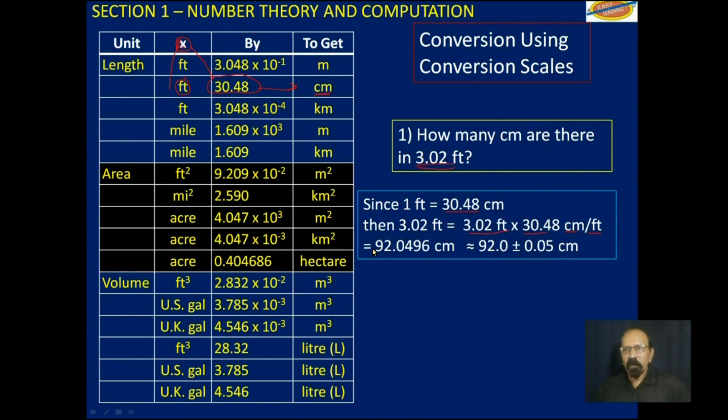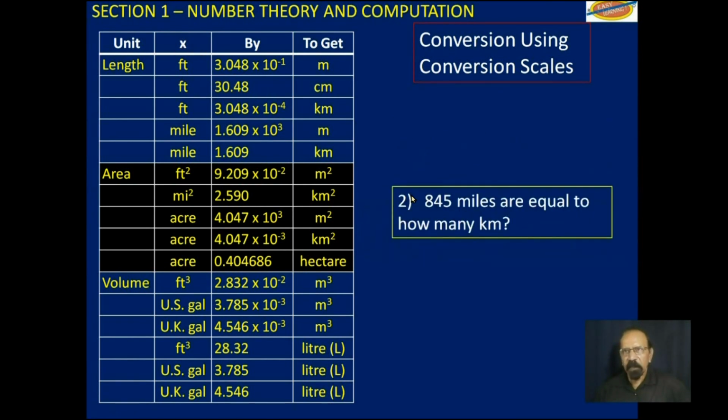And that will give you this if you multiply it out. We have 4 significant figures up here, the factor. We have 3 significant figures here, the feet. So we will round off to 3 significant figures, that is 1, 2, 3. We will round off at this 0, and we get 92.0 plus or minus 0.05 centimeters.